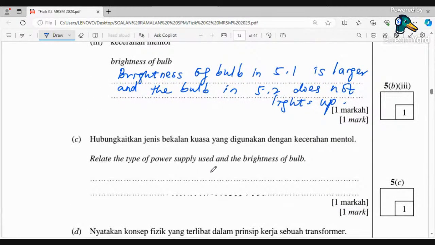Relate type of power supply used and the brightness of bulb.